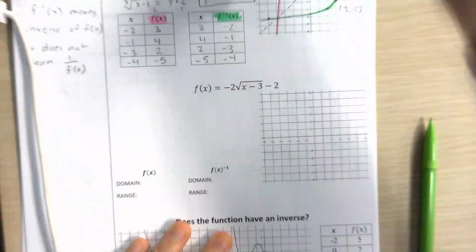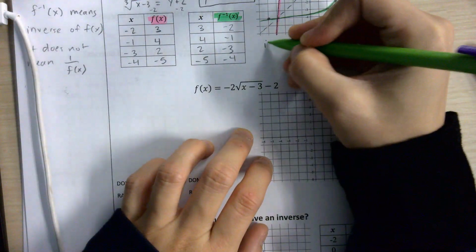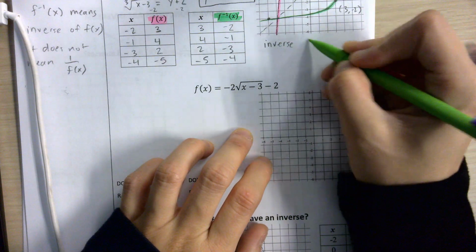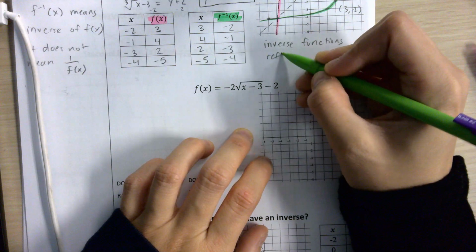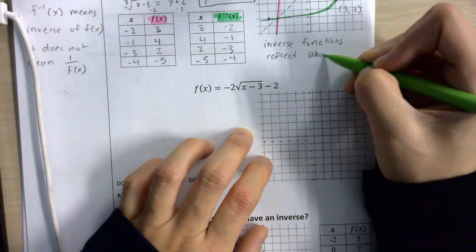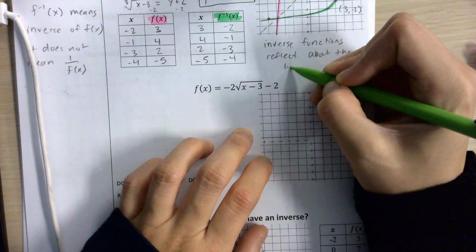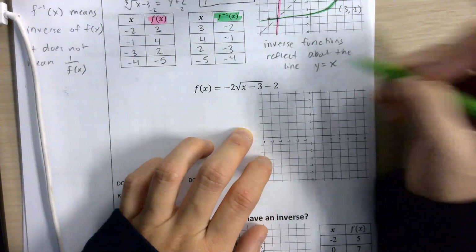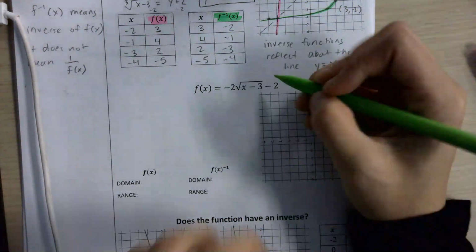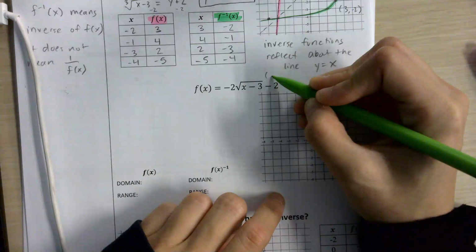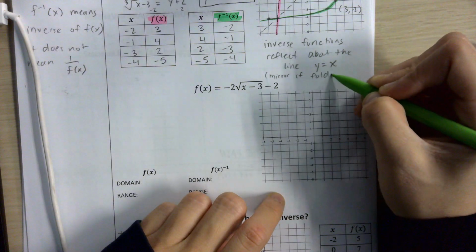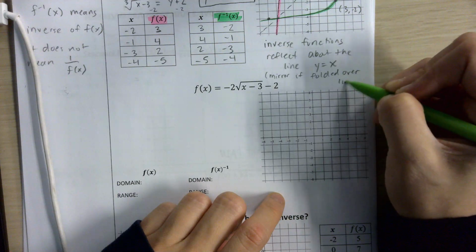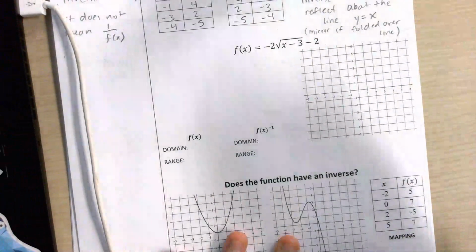Or actually, let me leave it right here: inverse functions reflect about the line y equals x. Mirror if folded over the line. Hopefully that makes sense.